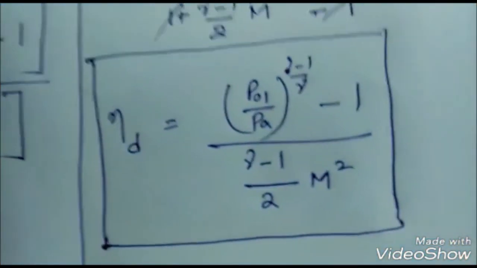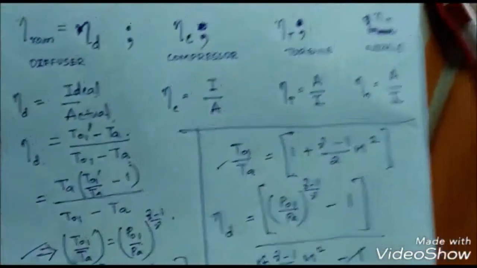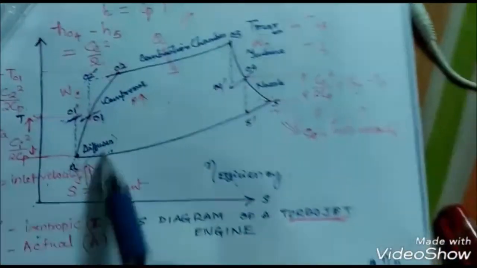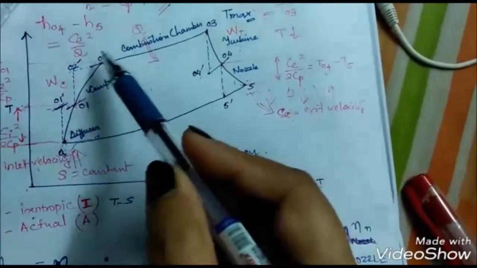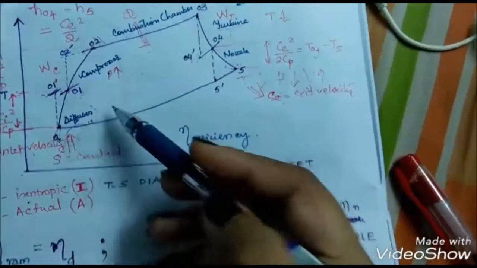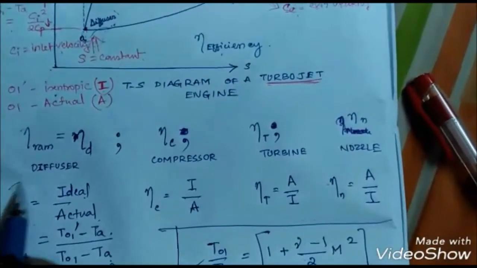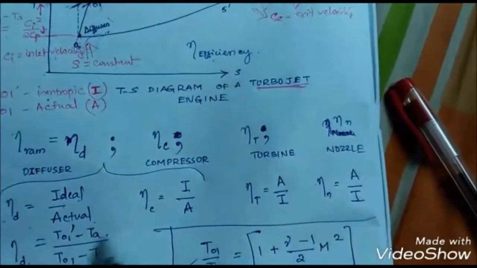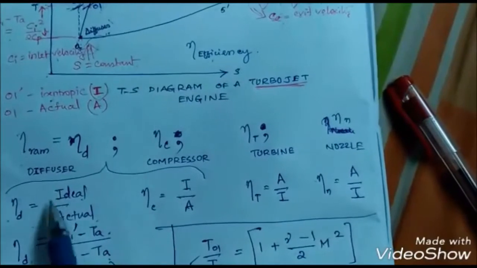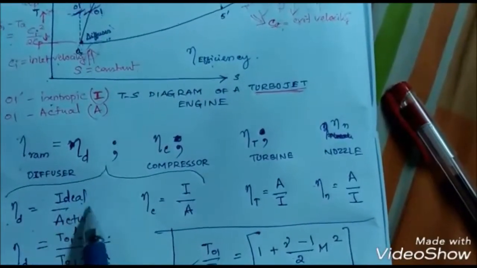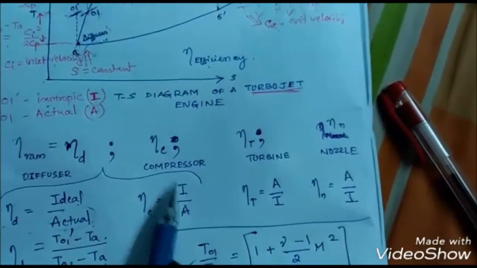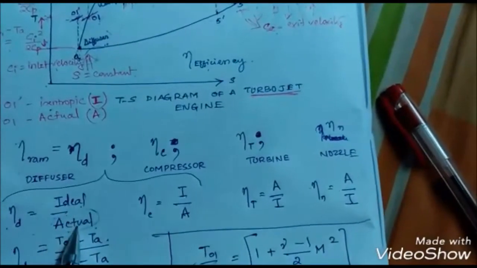So remember this technique I said: on the left-hand side, all the formulas are ideal by actual. You know the ideal value and the actual value. On both of these sides we have ideal by actual.